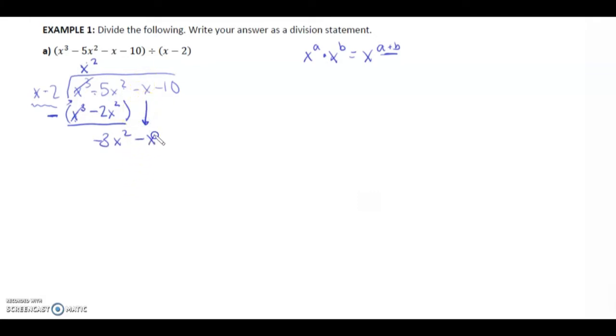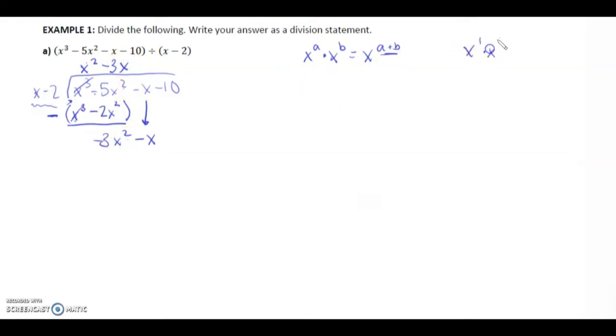Okay, bring down the negative x, and then we do it again. What number times x is going to give us negative 3x squared? So of course we're going to have to do the negative 3. And then what times x gives us x squared? Well, x, right?